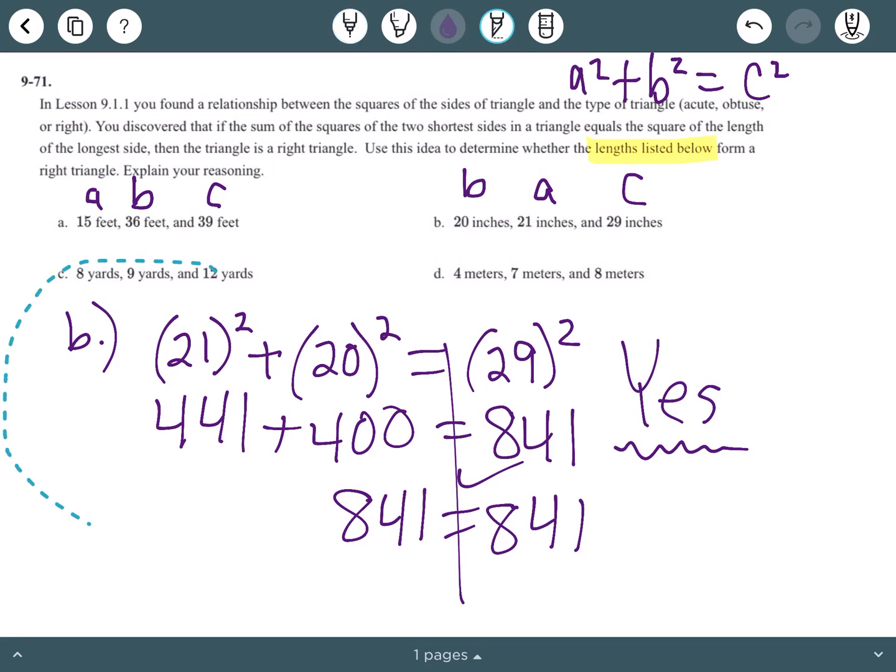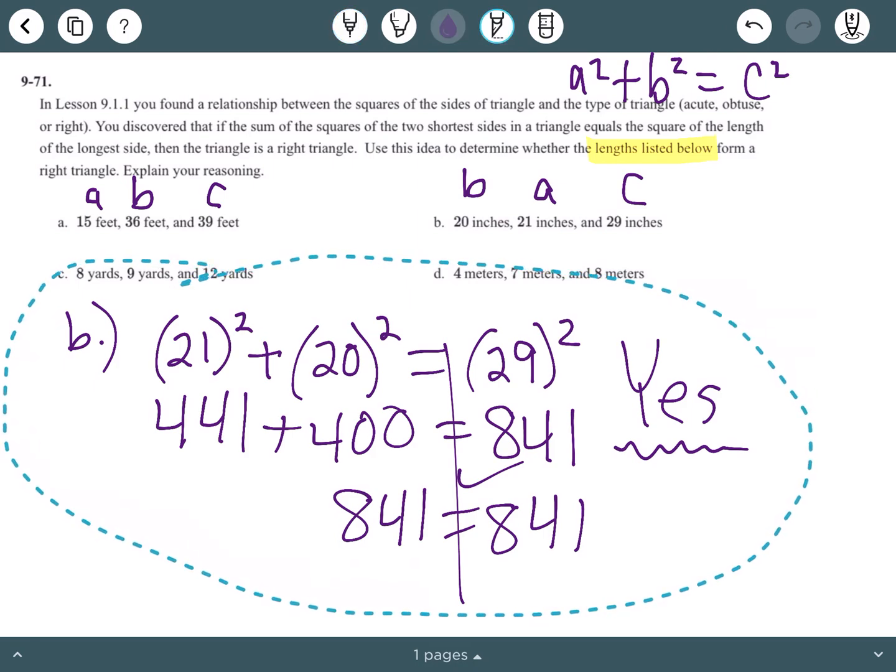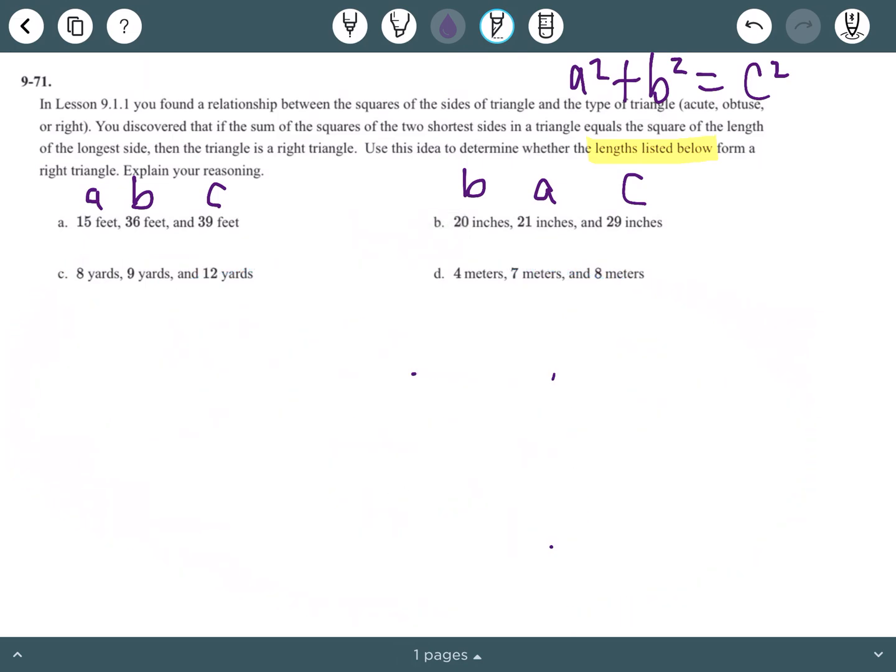All right, let's take a look at part C. Part C gives us the side lengths 8 yards, 9 yards, and 12 yards. Again, the longest one is our hypotenuse.